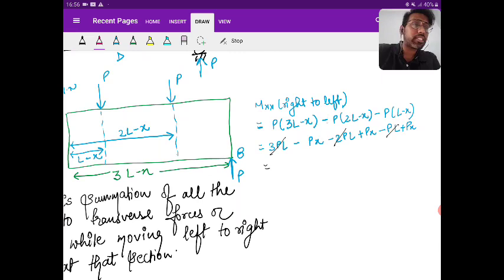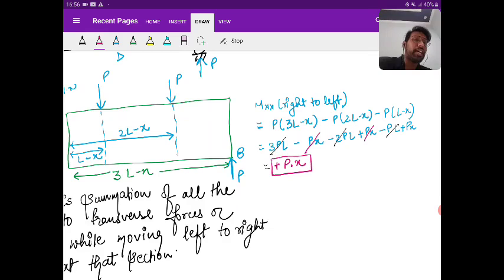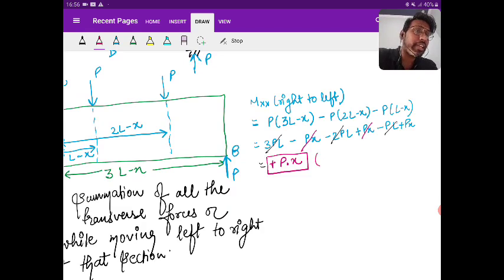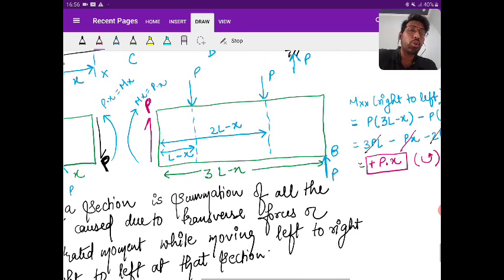One PH gets cancelled out, one PH gets cancelled out, and you're left with only P into H. So this is the magnitude, that is the effect of the moment coming right to left, that is plus PH. The plus PH indicates that the moment applied from right to left is anti-clockwise, due to which the clockwise moment is developed at the section as a resistance.